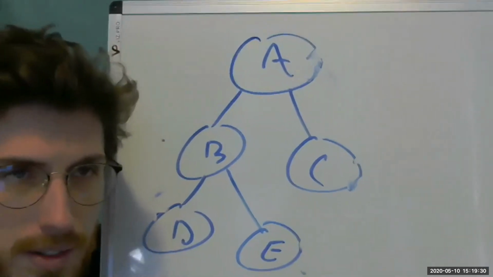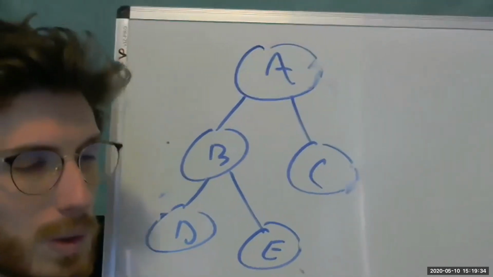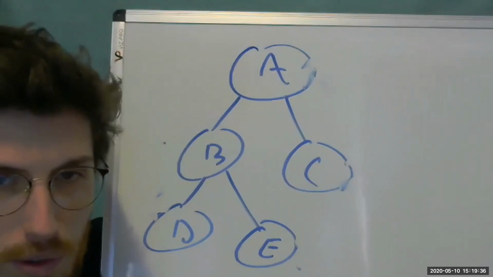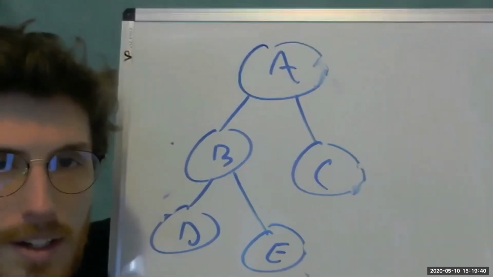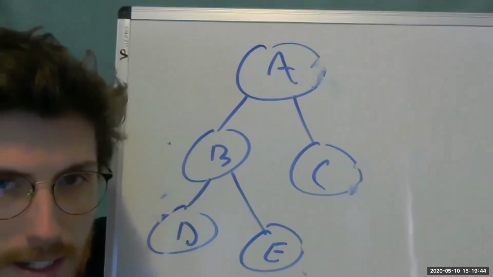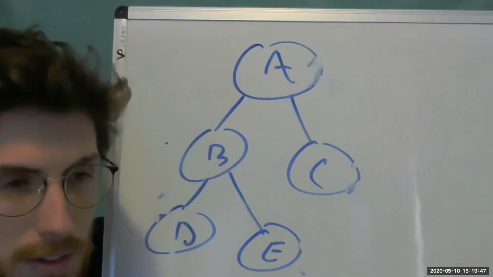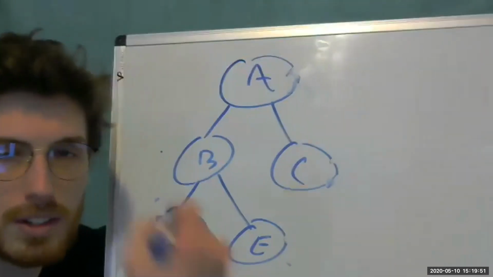So I should make that clear. DFS and BFS are not specific to trees. You can use those types of traversals on graphs as well. You just have to add a little bit of information to your data to check if you've already visited this node or not, just in case things are connected.